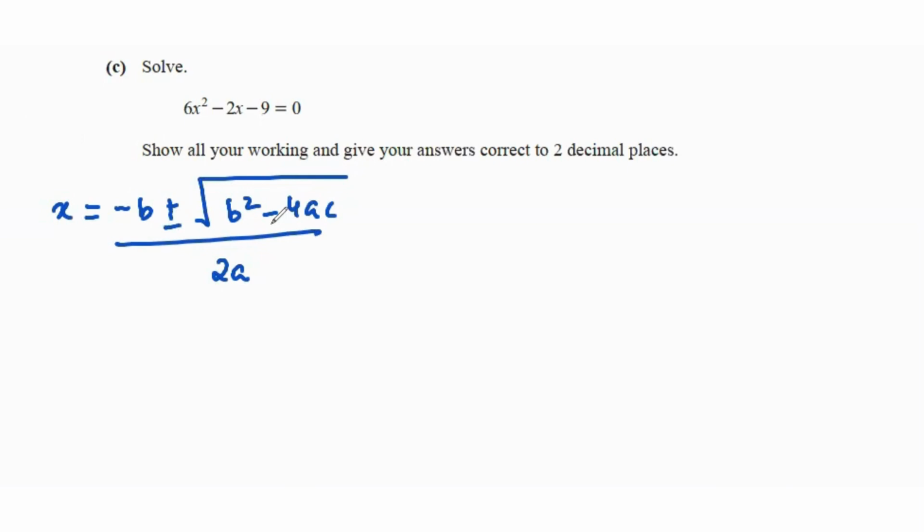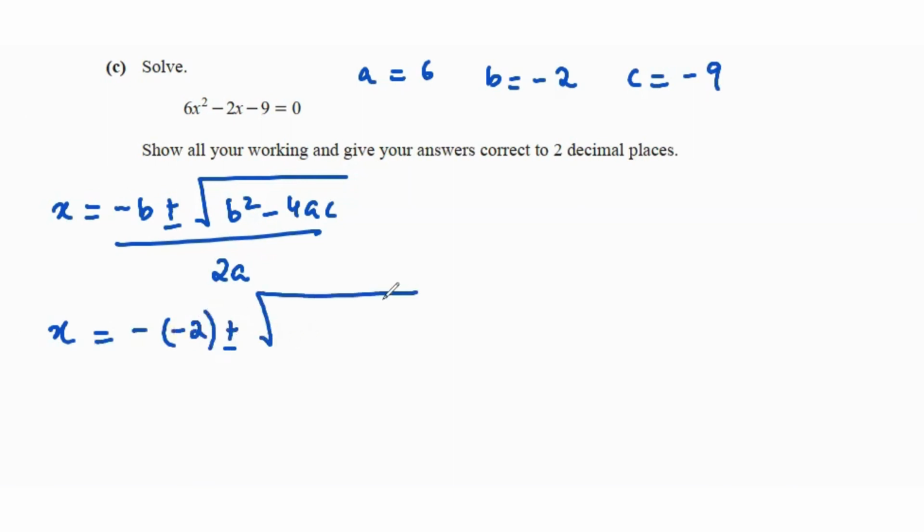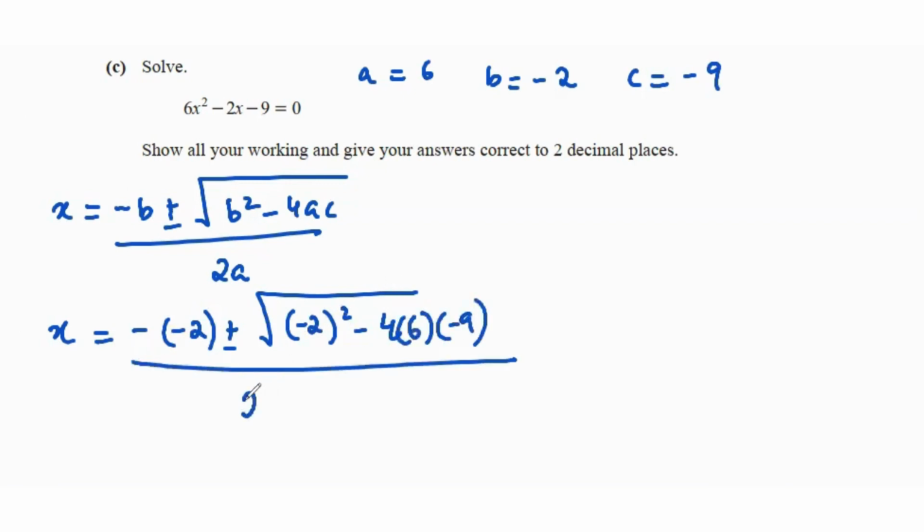So just directly resort to the quadratic formula. a is going to be 6, which is the coefficient of x squared. b is negative 2, the coefficient of x, and c is negative 9. So just substitute those: minus negative 2 plus minus square root of negative 2 whole square minus 4 times 6 times negative 9, divided by 2 times 6.